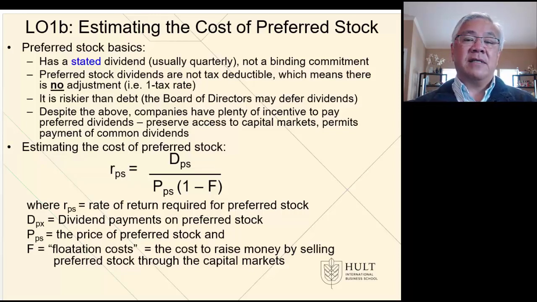We did a variant of this in class the other day, but the return required for preferred stock equals the dividend for the preferred stock divided by the price of the stock times 1 minus flotation. And the 1 minus flotation is simply reflecting how much money the company gets.